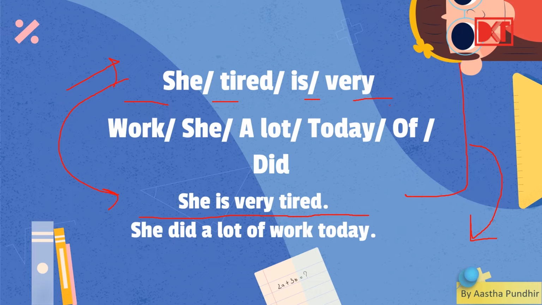Alright. And similarly, the next one: work she a lot today of did. This can be written as: she did a lot of work today. Right?